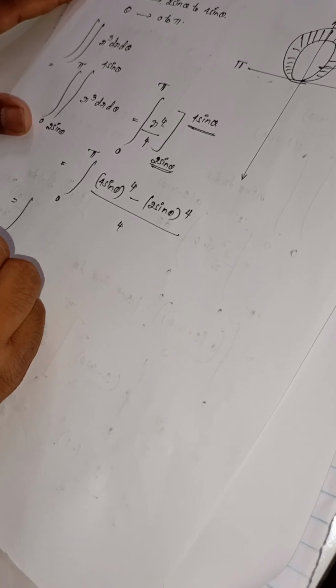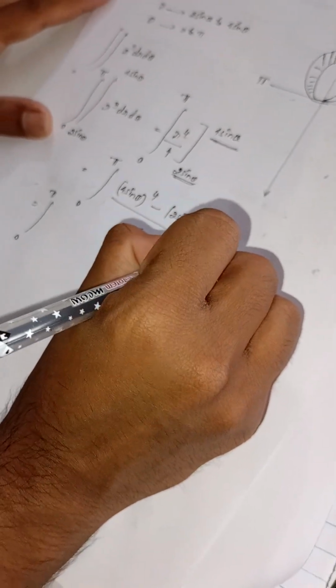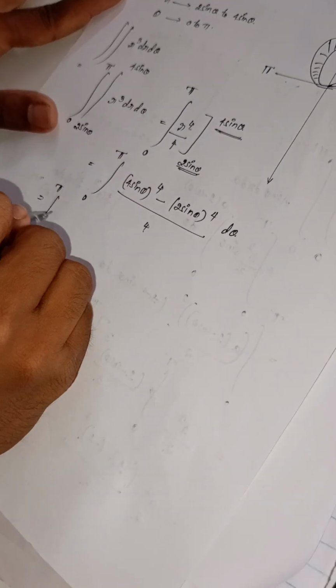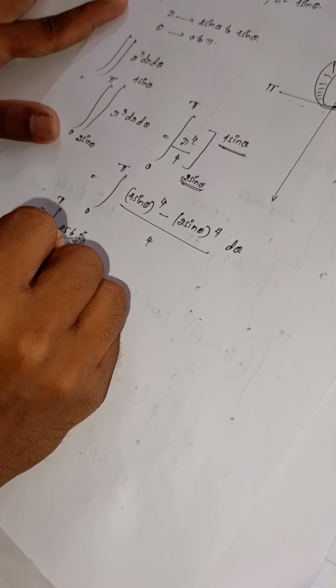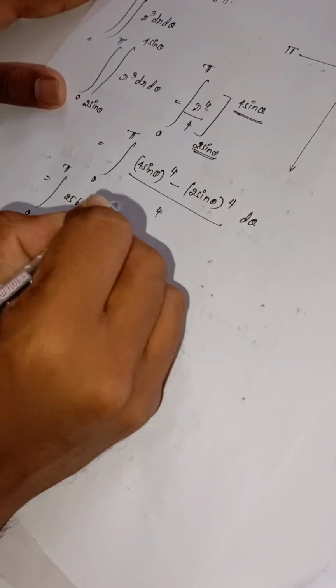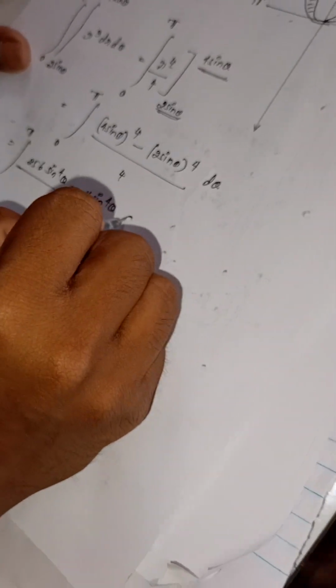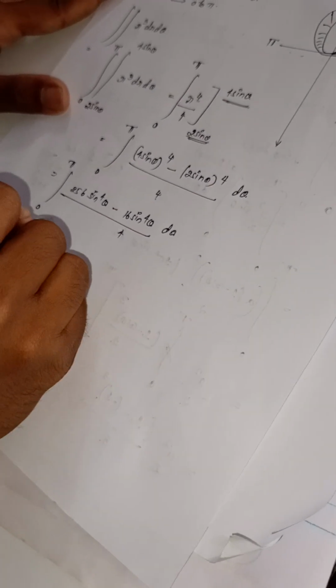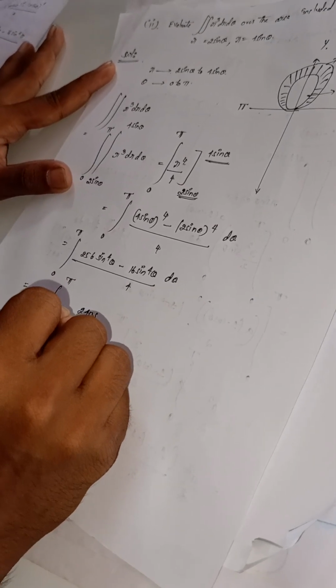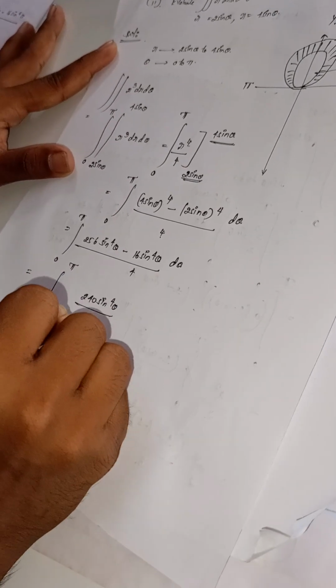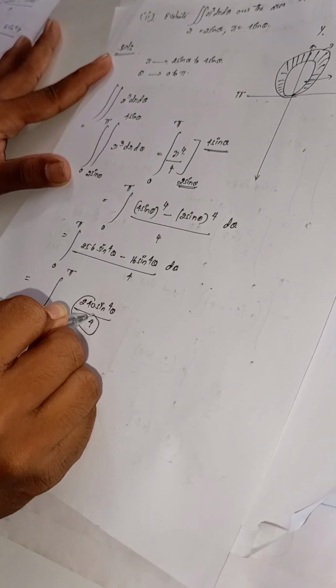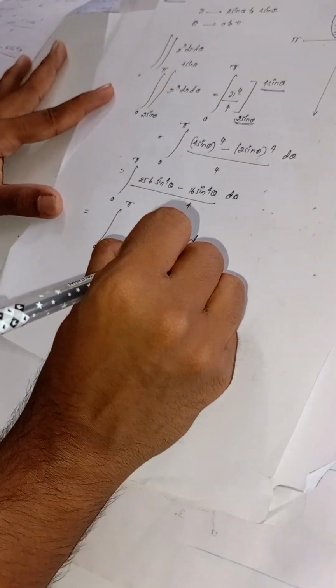That is 4 to the power of 4 is 256 sine to the power of 4 theta minus 2 to the power of 4 is 16 sine to the power of 4 theta, by 4 d theta. Now 256 minus 16 is 240, so the integral from 0 to pi of 240 sine to the power of 4 theta by 4. So 240 by 4 is 60.